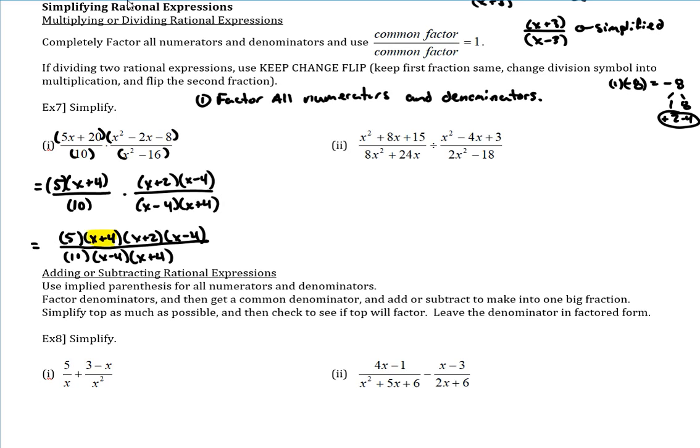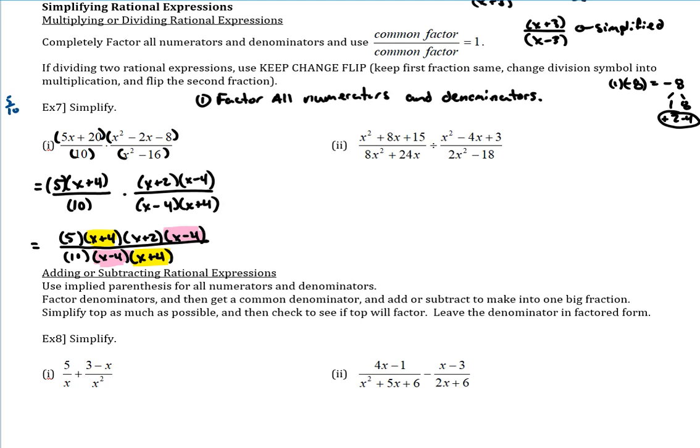Okay, so x plus 4 and x plus 4 divide and make 1. So that means we don't need to write them anymore. And then the x minus 4 divided by x minus 4 also makes 1. Okay, so one last thing that we do have, when looking at the numbers, so 5 divided by 10, well, these are just regular old fractions.